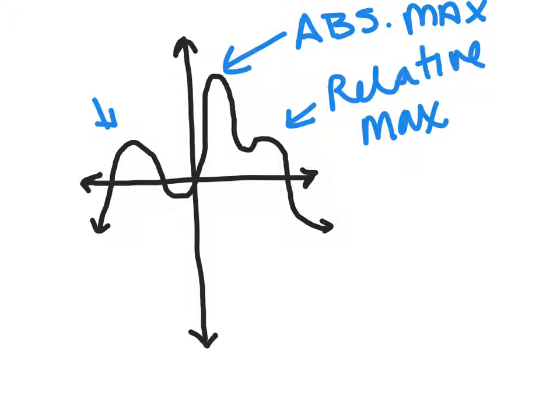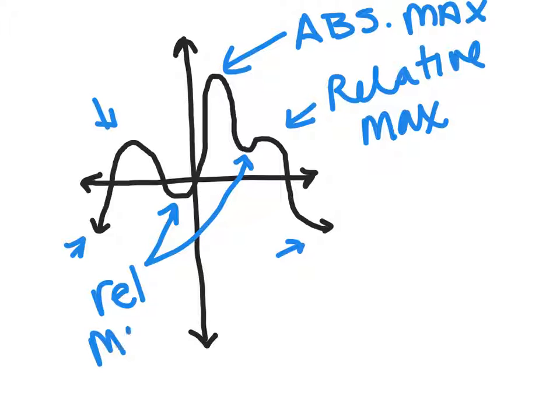The same would go for the mins. Actually, these would both be relative mins because of the way that the graph has arrows pointing off to negative infinity on both sides. But these two dips that go down would be relative mins.